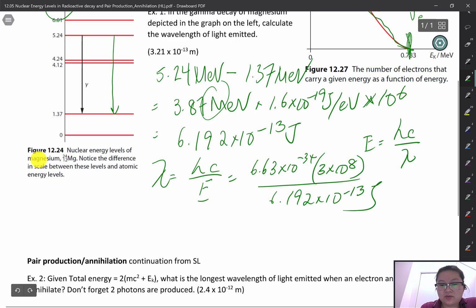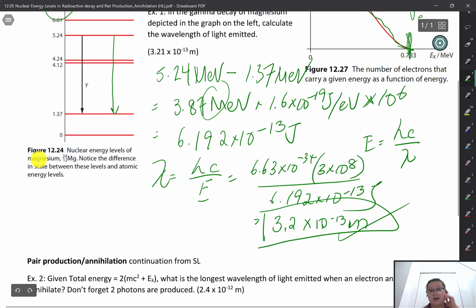This is going to give us 3.2 times 10 to the power of negative 13 meters. So that's 2 sig figs. And that is it. So there we go. Okay. And it checks off over there. All right. So that is nuclear energy levels.